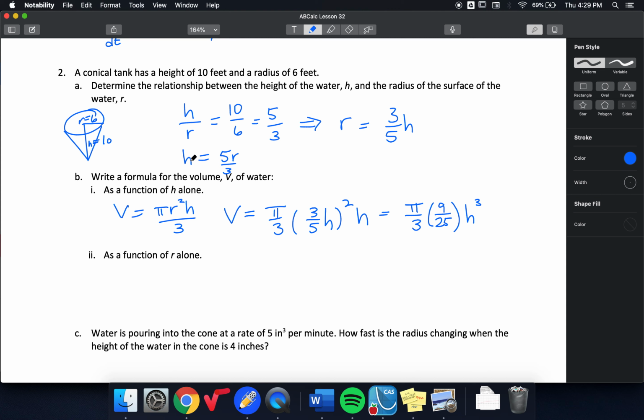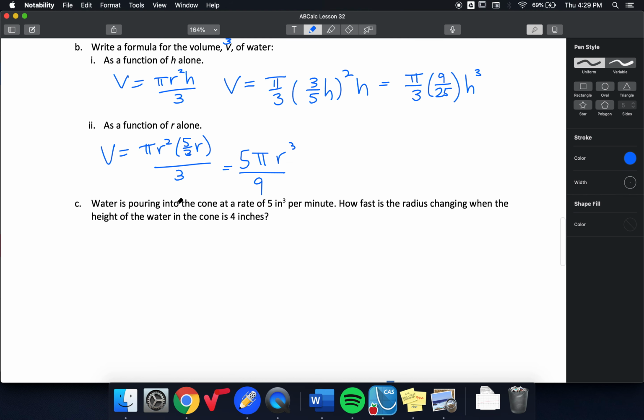A function of r alone, well, now I'm going to use this. So pi r squared times 5 over 3 r all over 3. Well, that's the same as pi r cubed with the 5. That 3 is really in the denominator, so I have a 9 down in the denominator.